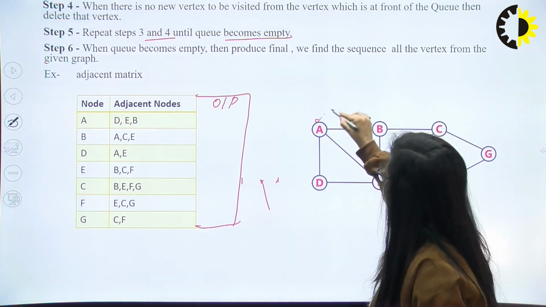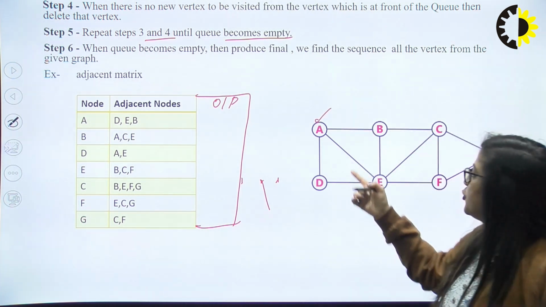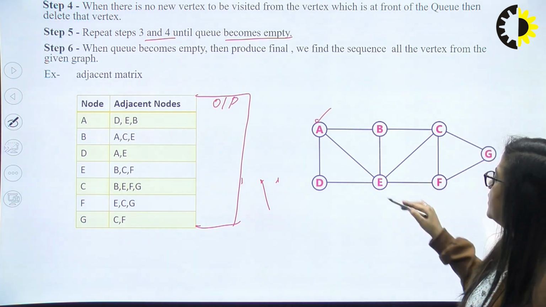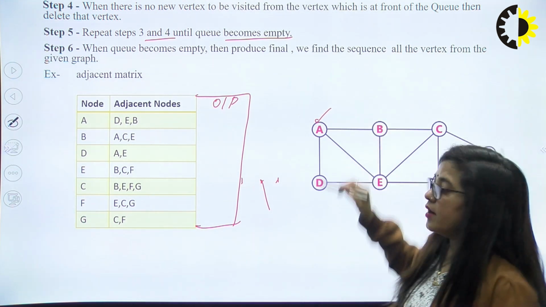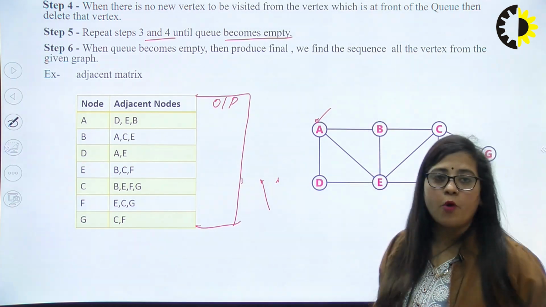First of all, we take this one as the source. It depends on you, you can choose any node as the source to start from in the given graph, but in this graph we start from A.